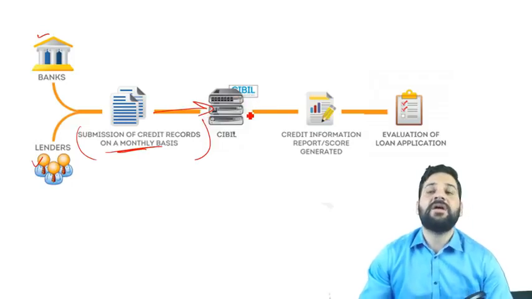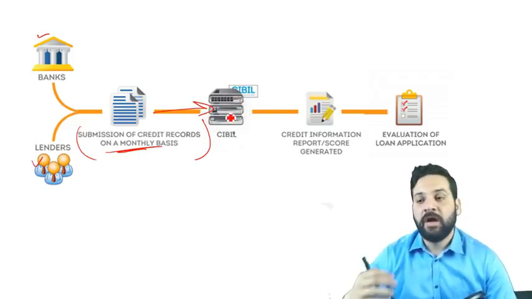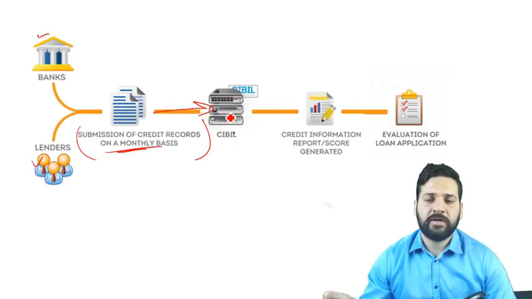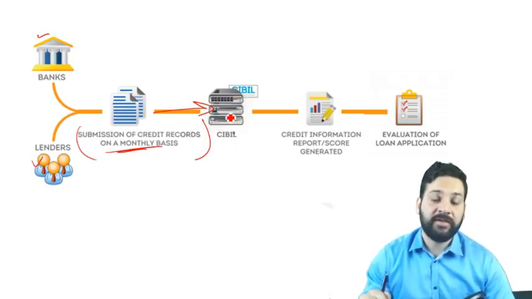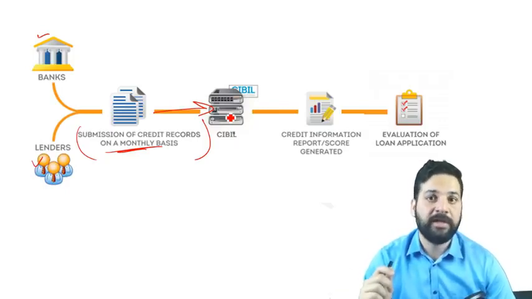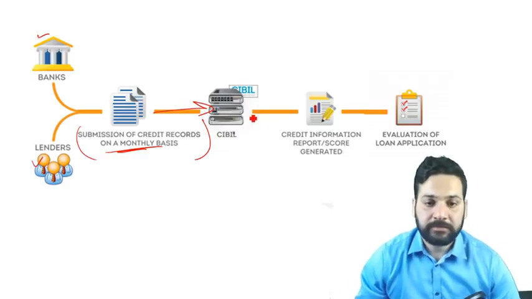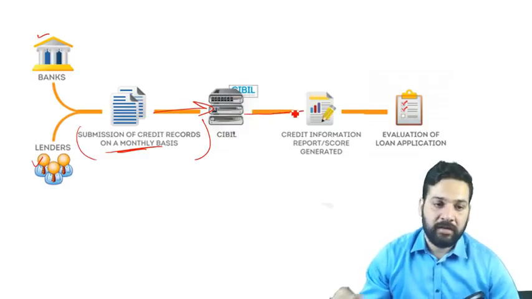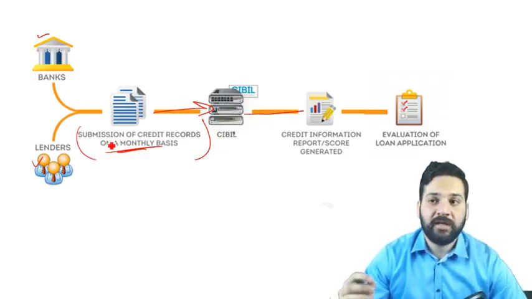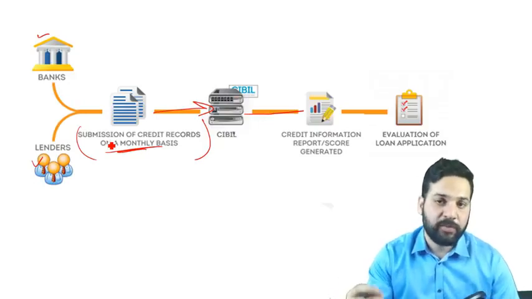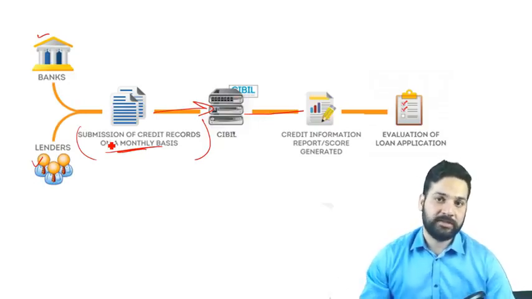So whenever a customer or any borrower comes to the bank or a lender with a fresh application, then these banks and lenders will check the credit history of such person in the CIBIL's database.